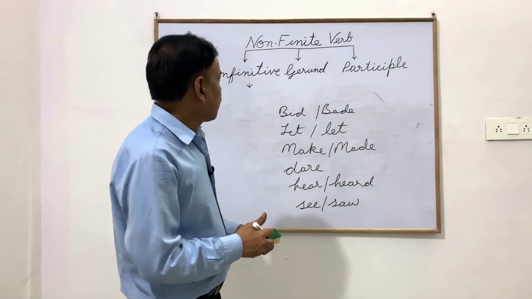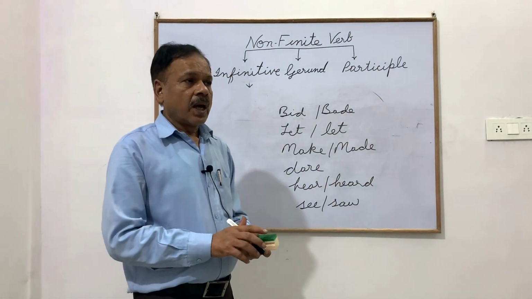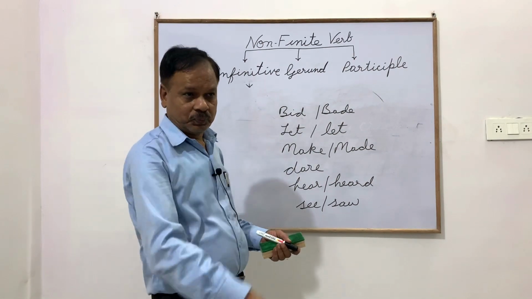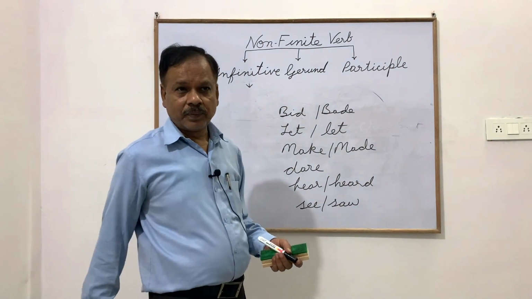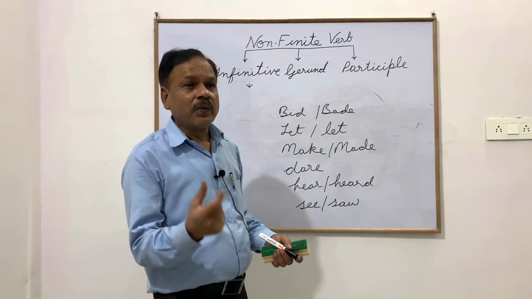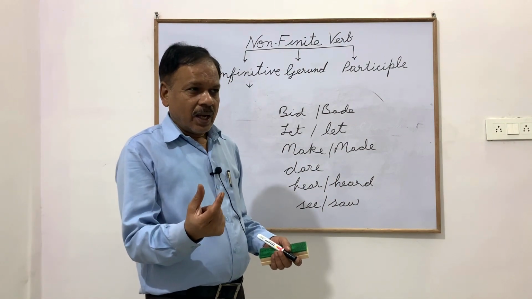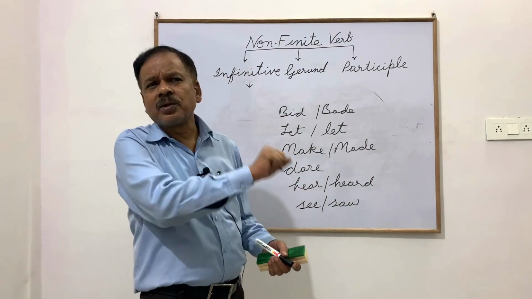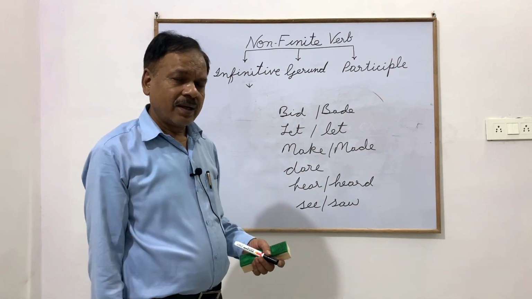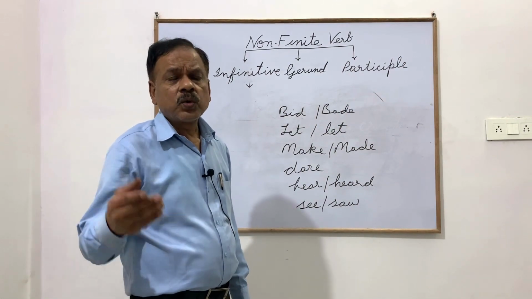Now, these are words after which a bare infinitive comes without to. Like, for instance, we say, bid him go. Bid him go. Now, go, first form. Now, suppose I translate this into Hindi, then it will say, इसको जाने को कहो.